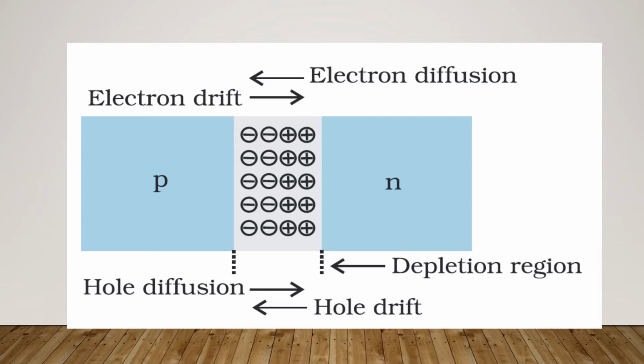Electron and hole drift are in opposite directions. In between the p and n regions we have a depletion region, and yesterday we discussed how the depletion region is produced.